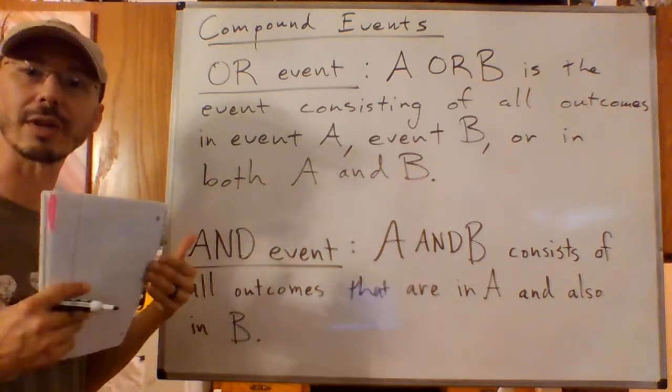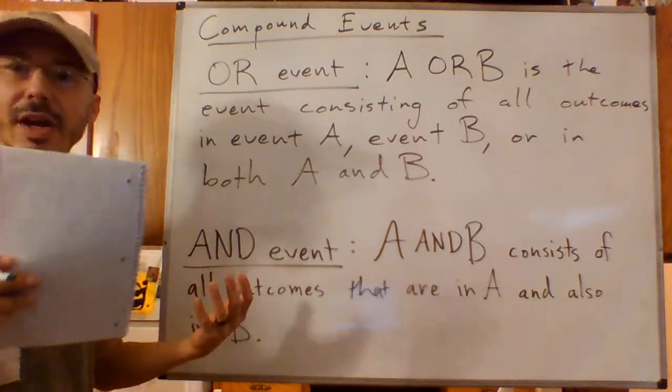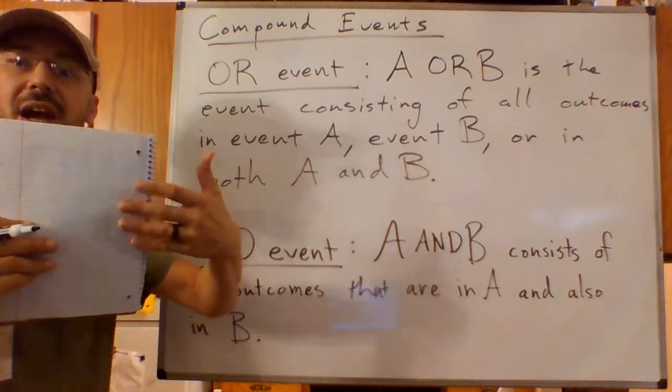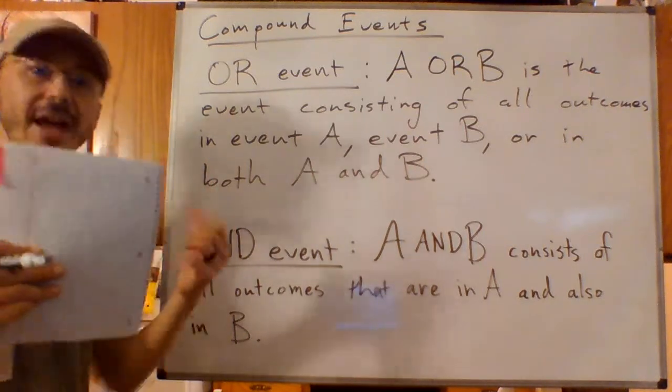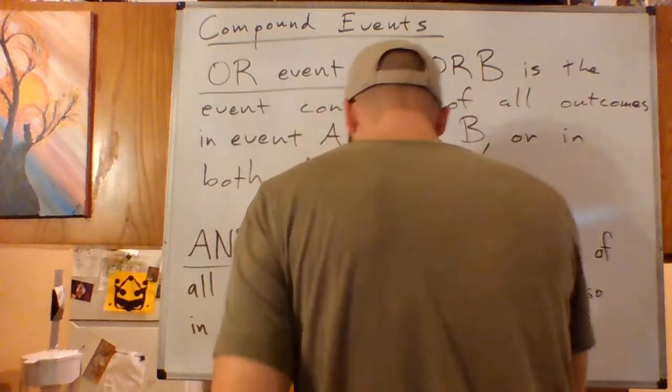It means the overlap of the two events. The set of outcomes for A and the set of outcomes for B, anything that they have in common, that is what the and is. It's the overlap.